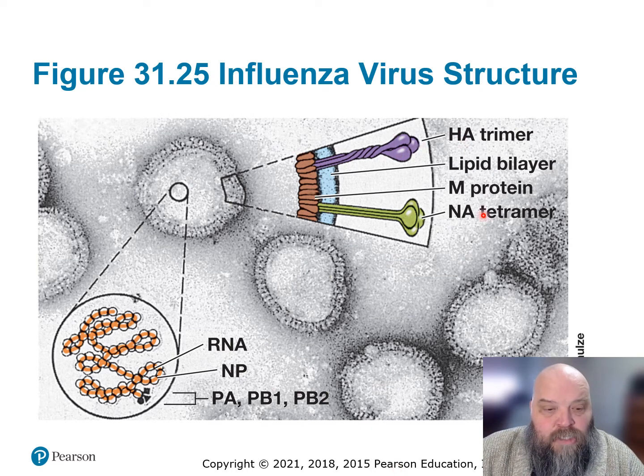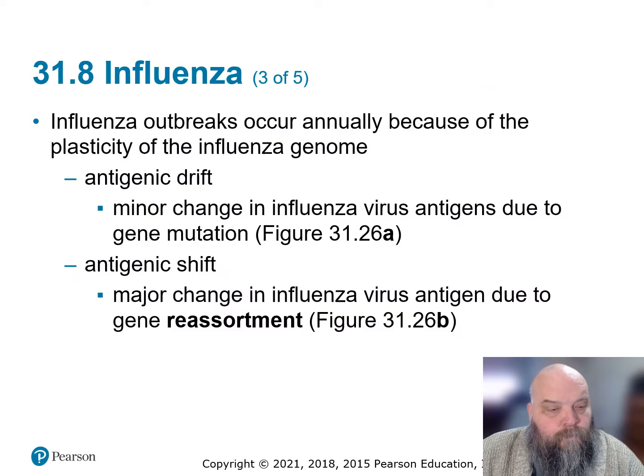So the HA is a trimer, NA is a tetramer. 1, 2, 3, 4. 4 proteins have to come together to form the complete neuraminidase. 1, 2, 3 proteins have to come together to form the complete hemagglutinin. Yeah. Sorry, couldn't think of the word.